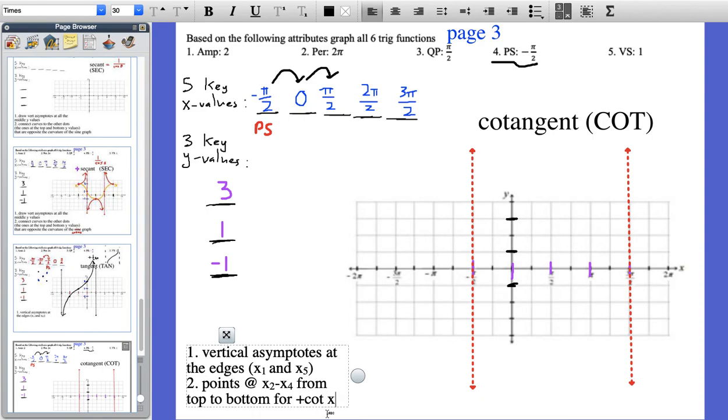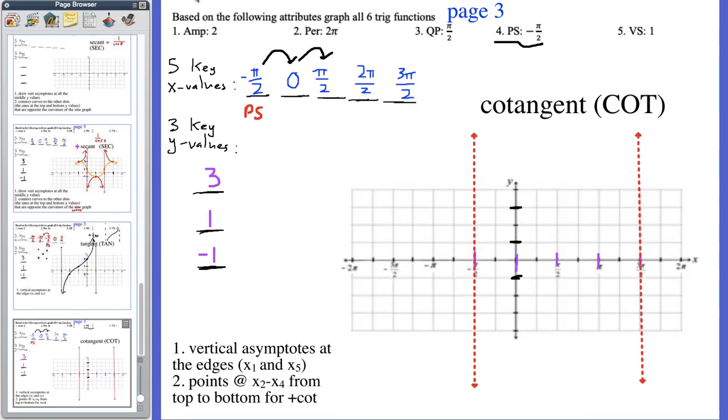So if it's a positive cotangent function, instead of going bottom to top like tangent did, it goes top to bottom. So we can use orange here to make our dots. First one goes up top, at our top y value. Second one down at the middle, and third one at the bottom. And then we just make our curve that passes through those points. Not the best drawn curve, but it does the job.